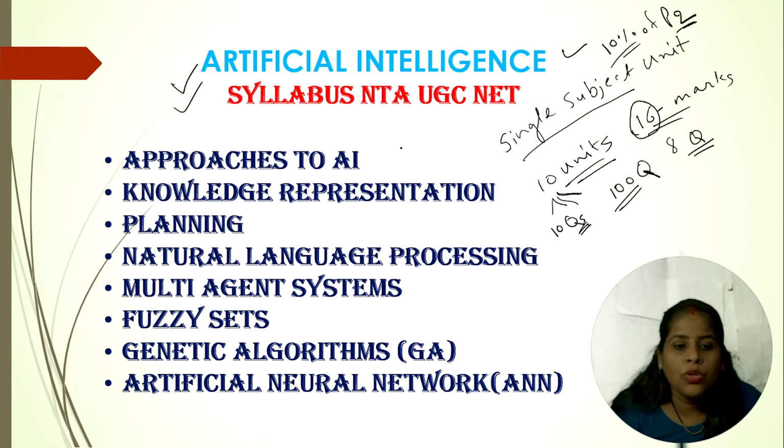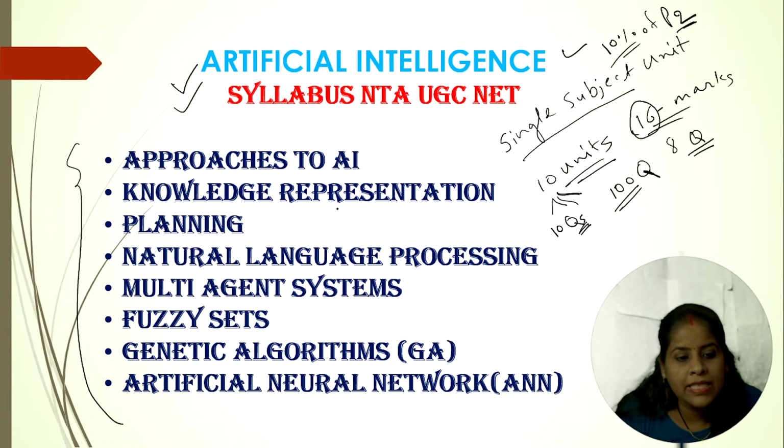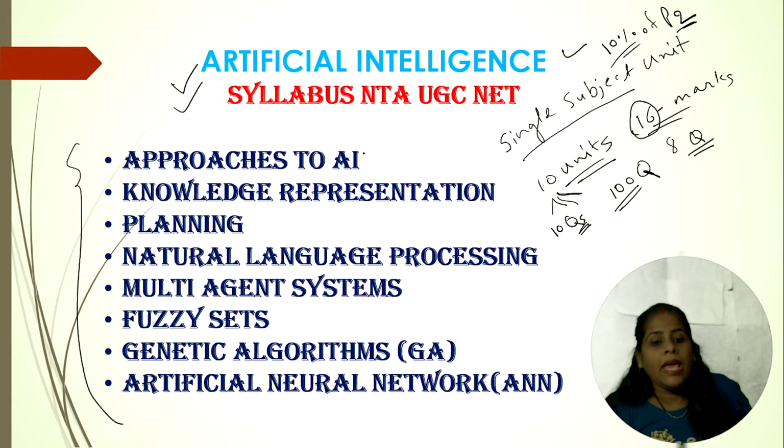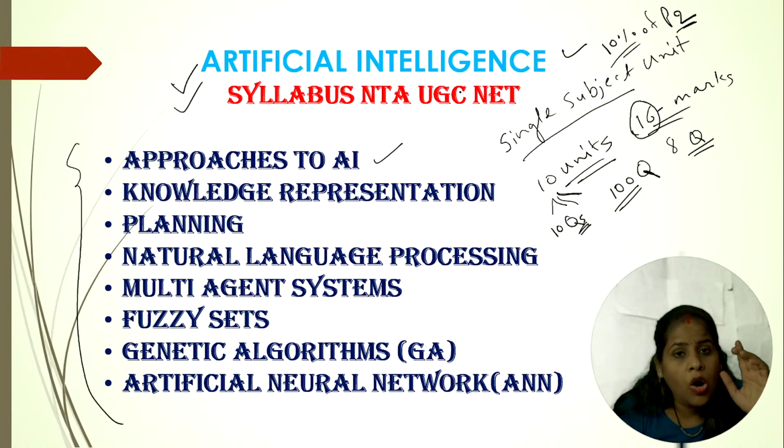Okay, so now come to the artificial intelligence unit. What is the syllabus? This is the syllabus. There are approximately 7-8 chapters. Approaches to AI. What is approaches to AI? AI, what is AI? Artificial intelligence. Intelligence is in the human brain or living things like chimpanzees, monkeys and dogs.